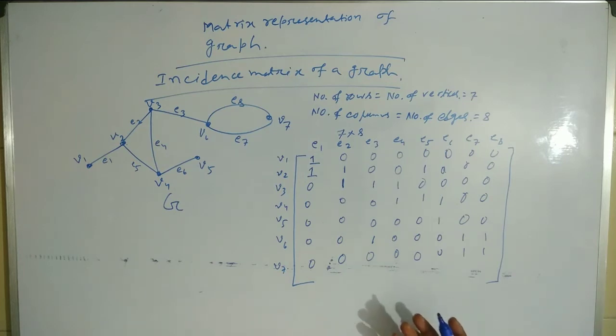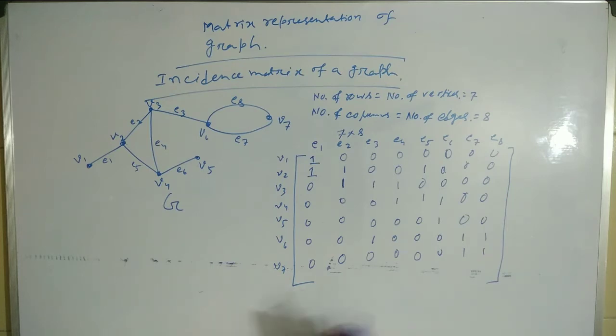Now there are many properties of the incidence matrix. You can see that in every column there are only two ones, and this is very obvious because every edge is adjacent with exactly two vertices, excluding a self loop.